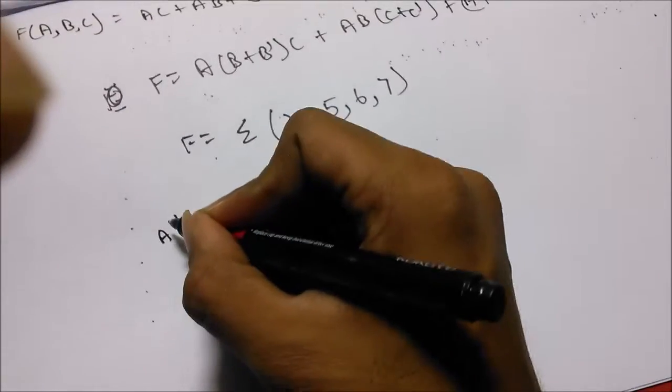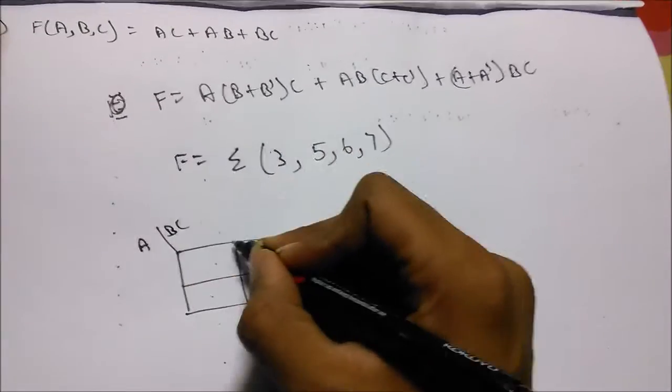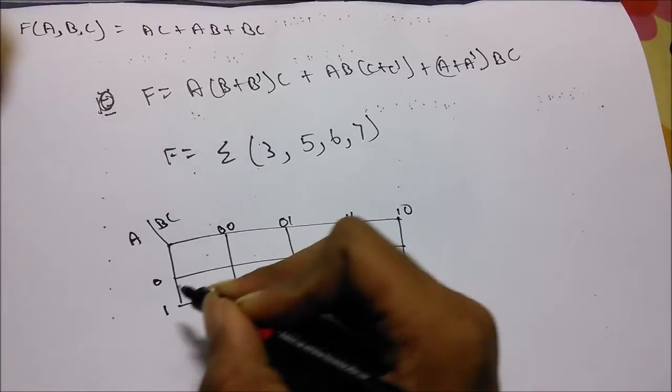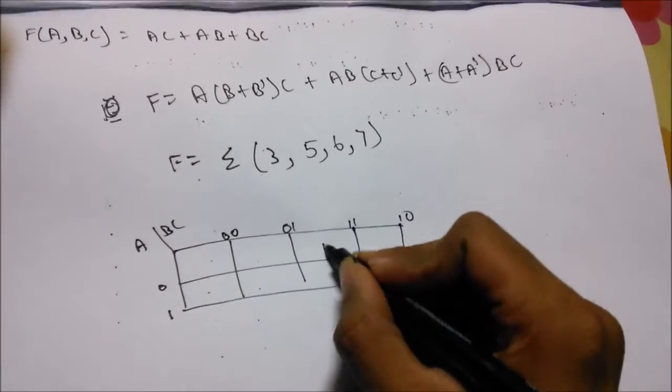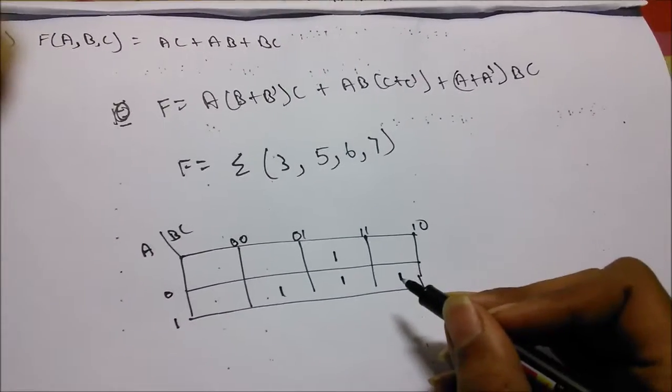Suppose this is A and this is B and C, 0 0 0 1 1 1 1 0 0 and 1. We see that according to this is the equation.